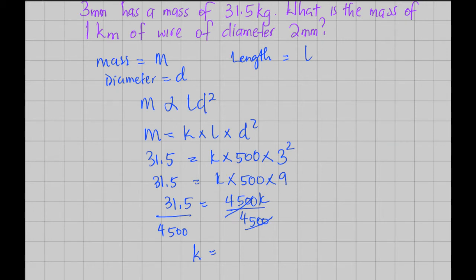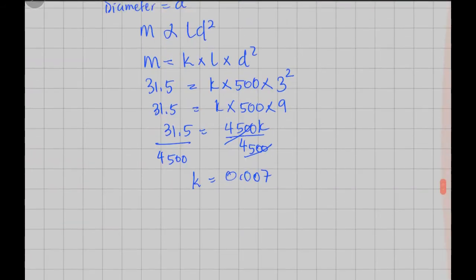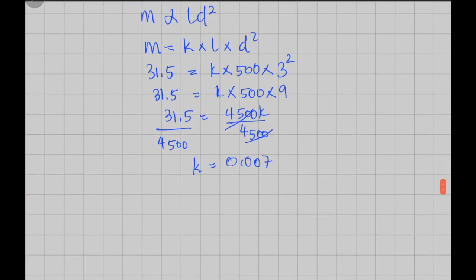We get our K as 0.007. So our relationship will be M is equal to 0.007 LD squared.